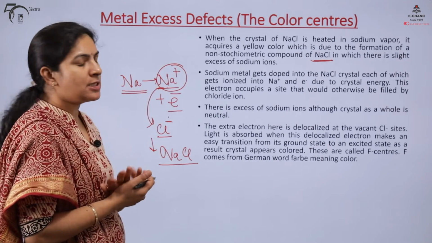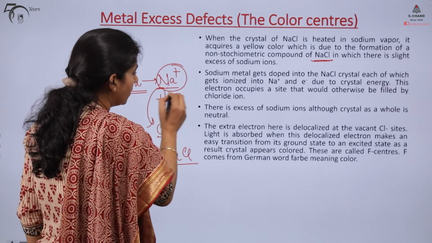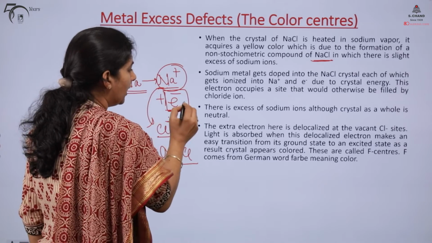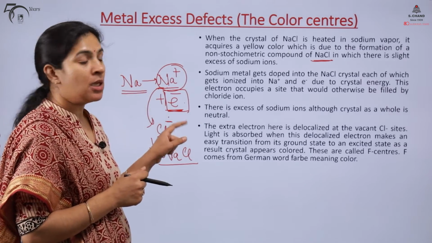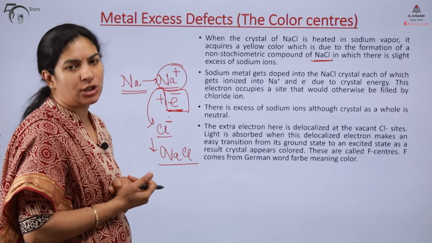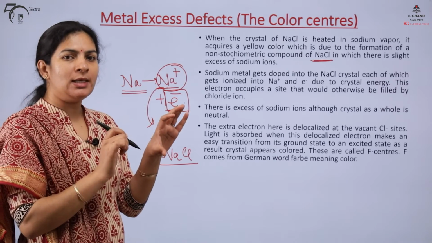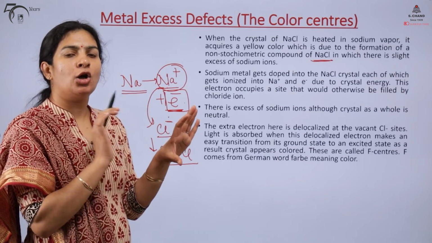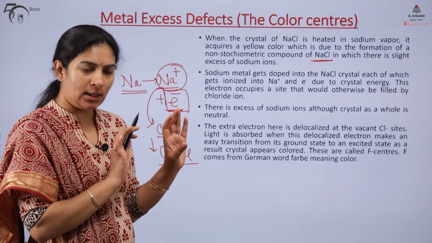If a vacancy is created, in order to fill that vacancy, because it was a unit negative charge, the electron which is released by these sodium vapors occupies that position. So the position which was earlier occupied by chloride ion is now occupied by an electron.